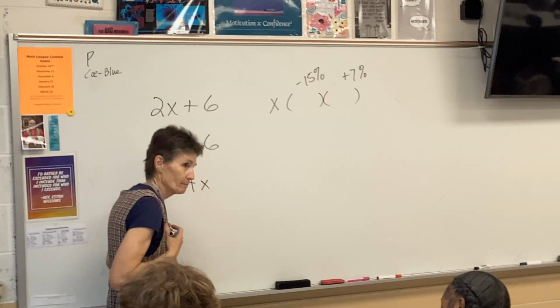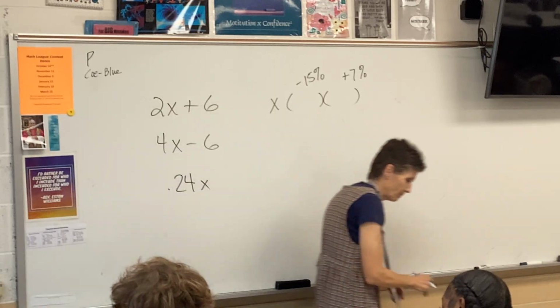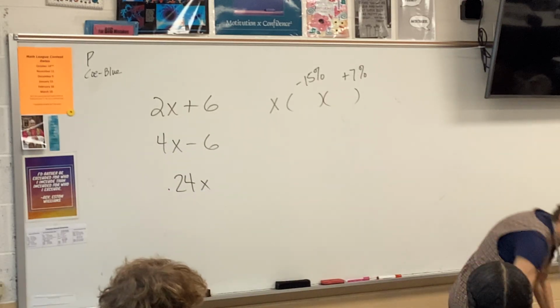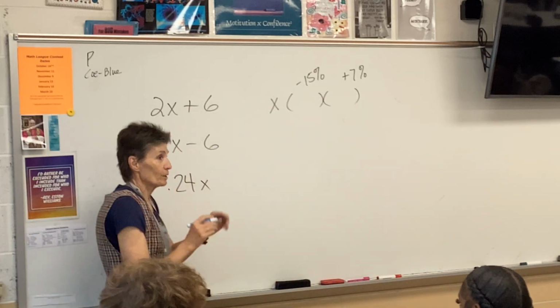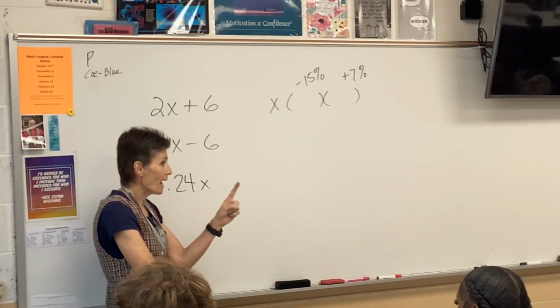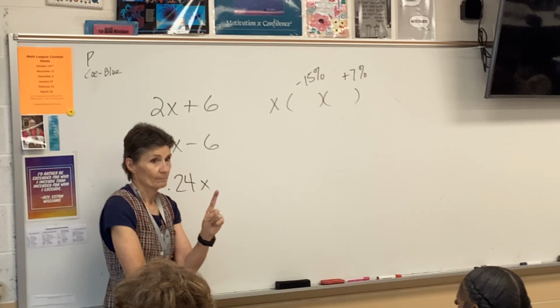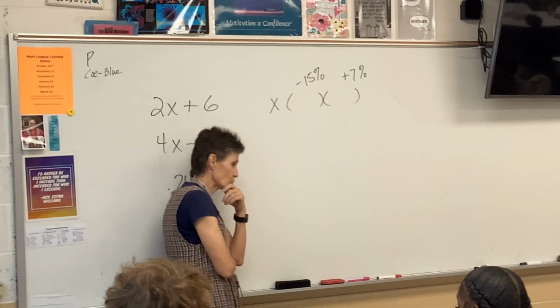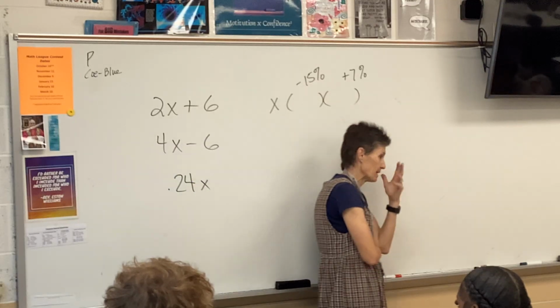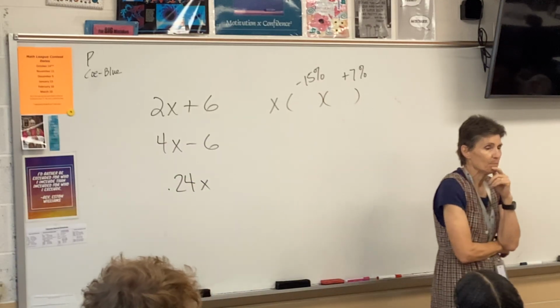Okay. So we're gonna do 2 multiplications. We're gonna do no add and no subtract. Okay? Now, I go into the store, I'm gonna buy something that costs X dollars, and there's a 15% discount.